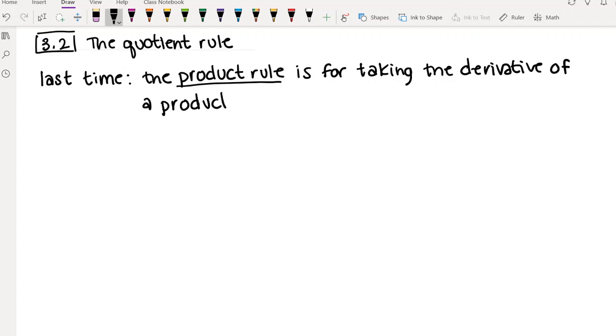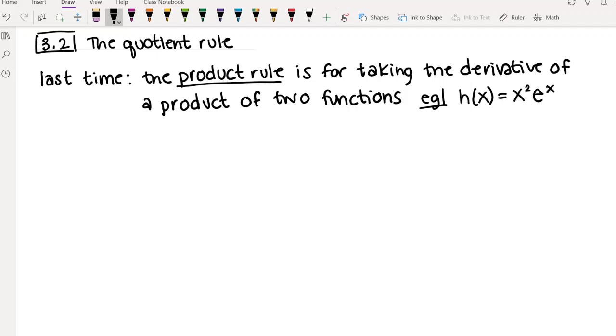A product means multiplication, right? So where do you use the product rule? You would use it in a situation like our first example last time, which was x squared times e to the x. Two different functions that don't really blend together. You can't combine them or simplify in any way, so you would have to take the derivative using the product rule.